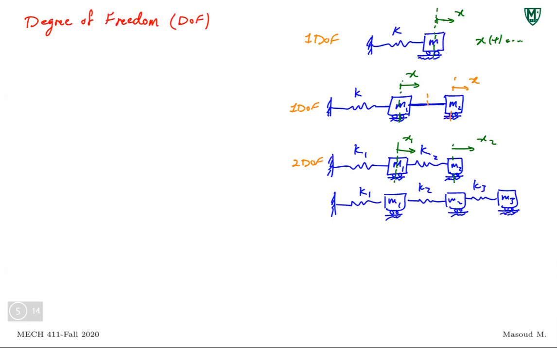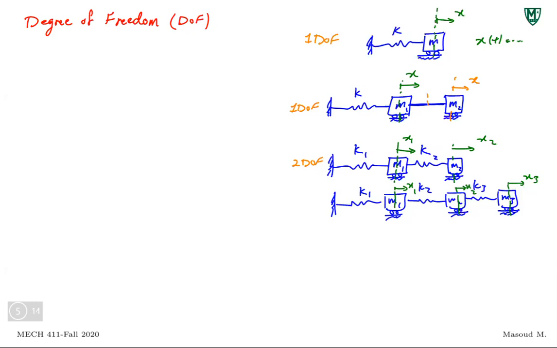Now, in this case, I need 3 because each of them is independent. This would be X1, this would be X2, and this would be X3. They are not dependent on each other. When one moves, the other one does not have to move necessarily.